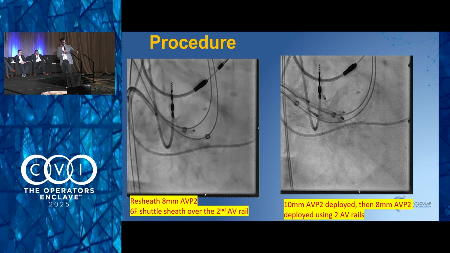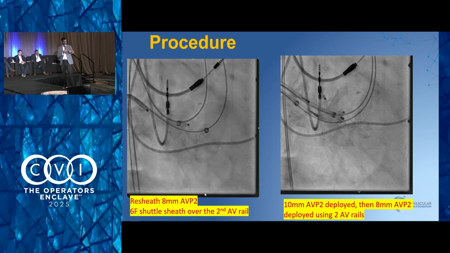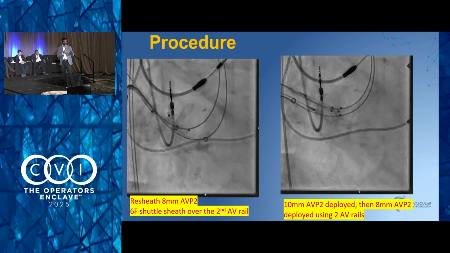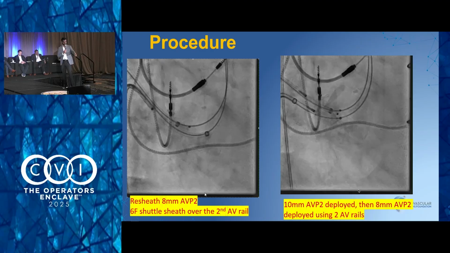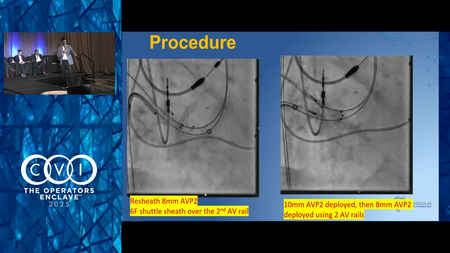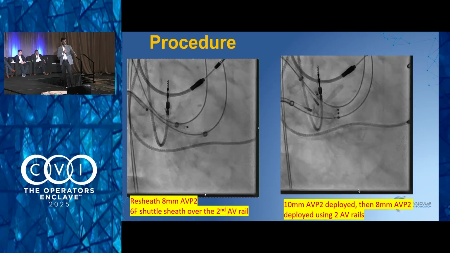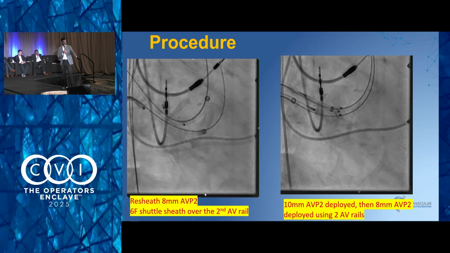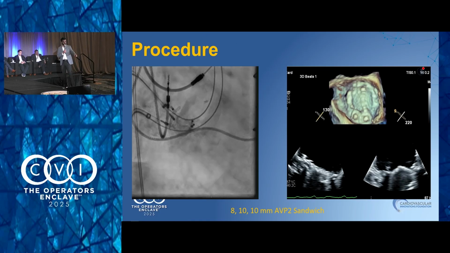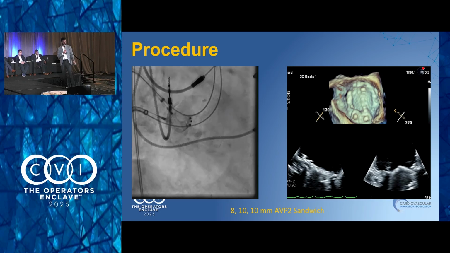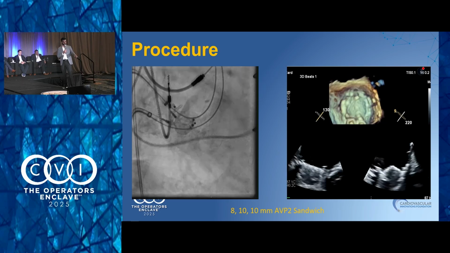I've got 2 wires. Now I've got 2 shuttle sheaths basically across the defect. And now I'm sandwiching 2 more tiny plugs just next to the one that was, unfortunately, deployed on its own. This is sort of what we were left with.